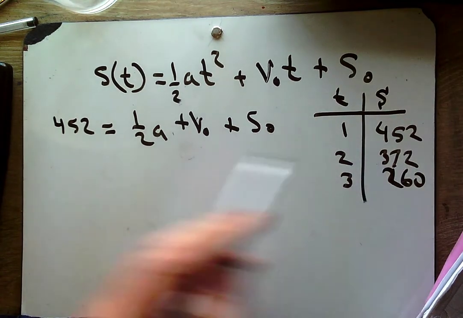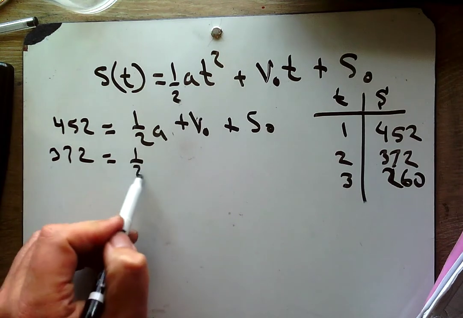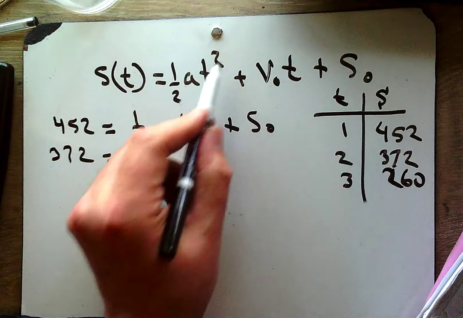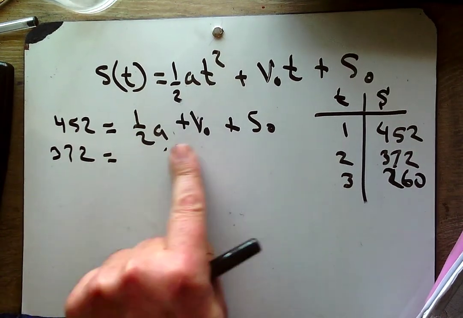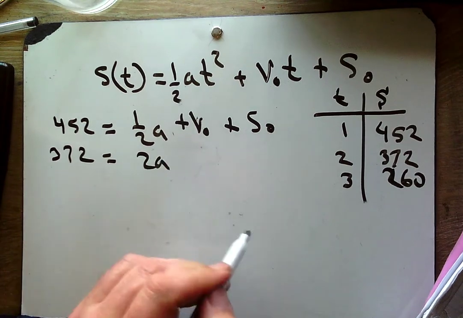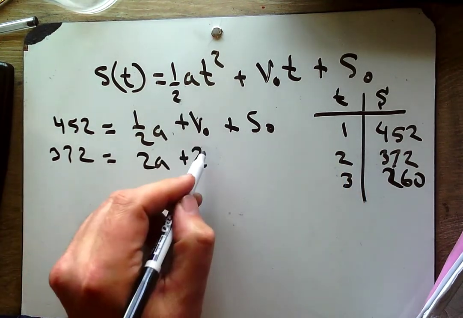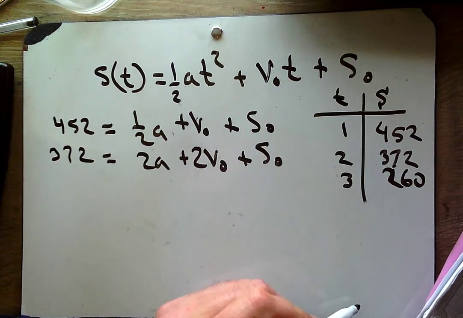Now, 372 equals 1 half a times 2 squared, or 4, so that's 2a, plus 2v sub o, plus s sub o.